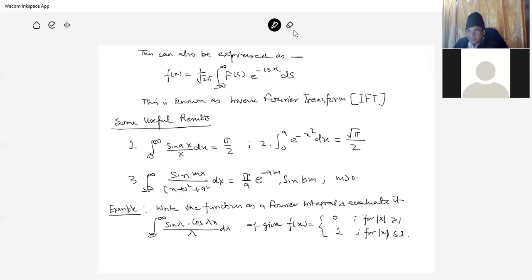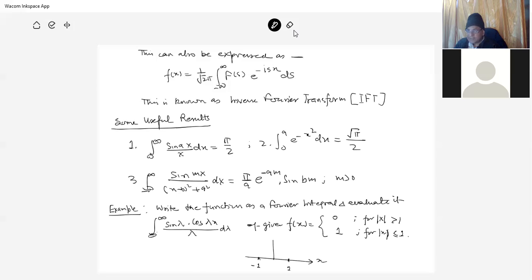So find out the Fourier transform. What do you mean by these conditions? The conditions are something like this: on the x axis, this value is minus 1 and here it is plus 1.